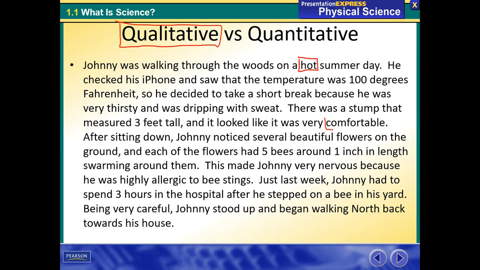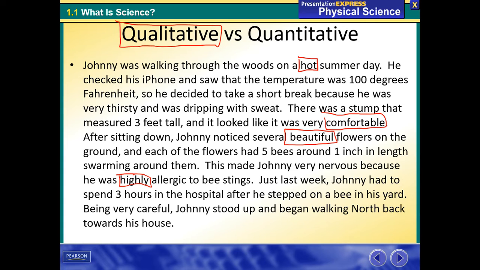So we know that the tree stump didn't have spikes out of it. Beautiful flowers. So we know they probably were not going to be Venus flytraps. Another example is highly allergic. This is a good description because somebody can be slightly allergic to something and just have to take Benadryl, while another person will swell up and potentially need an EpiPen.